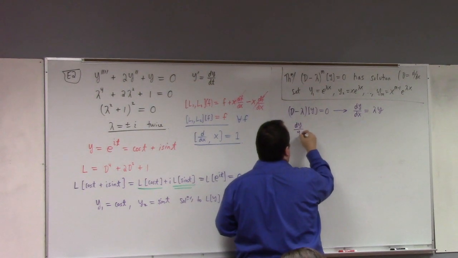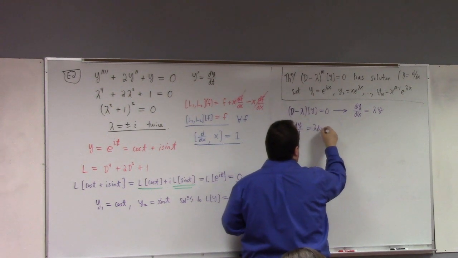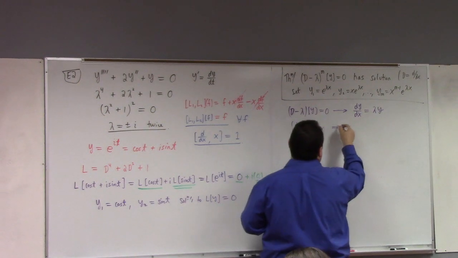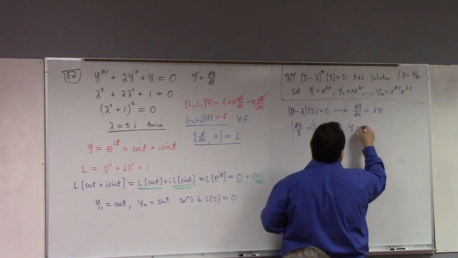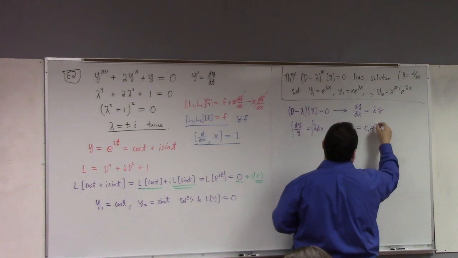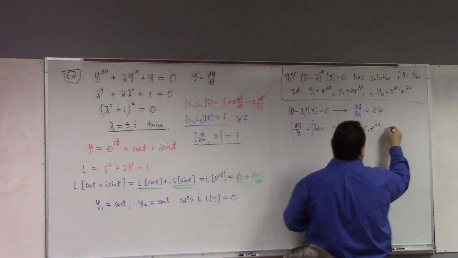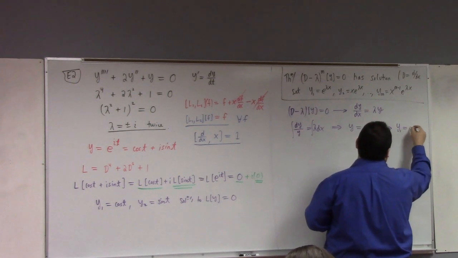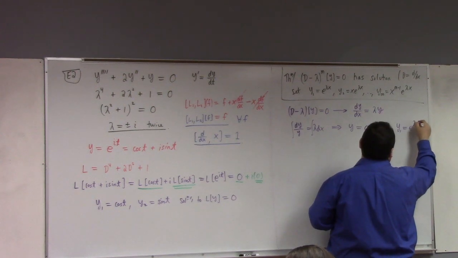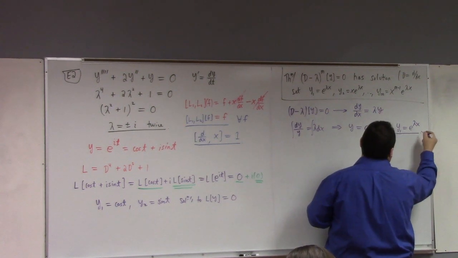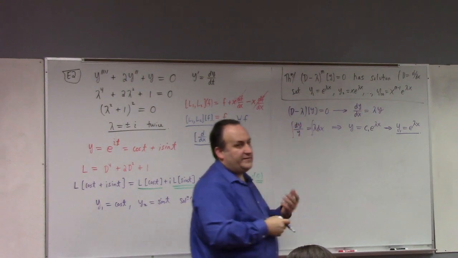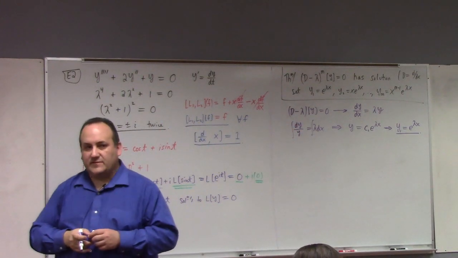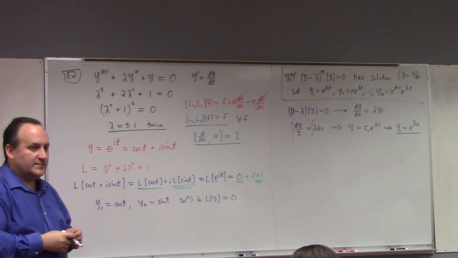Separation of variables. We got dy over y is lambda dx. Integrate that, and we get that y is equal to like c1 e to the lambda x, right? So we'll just say y1 is equal to e to the lambda x, because I'm not trying to derive the general solution right now. I'm just trying to provide you a set of linearly independent solutions. Is there a question? No? Okay.